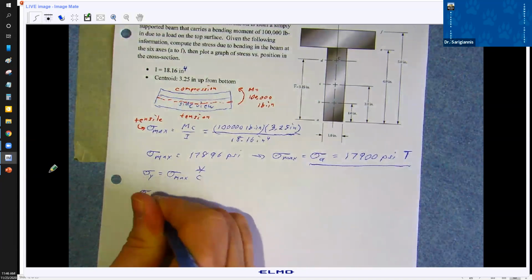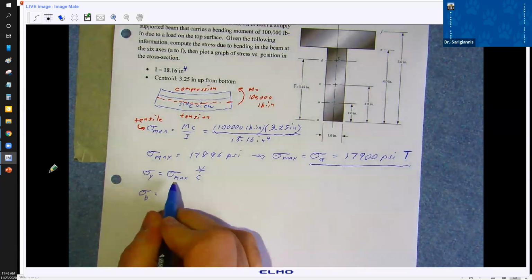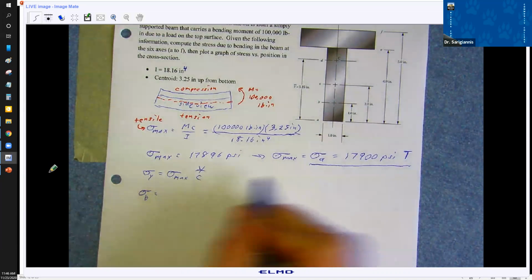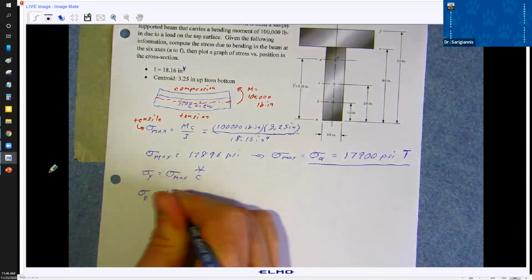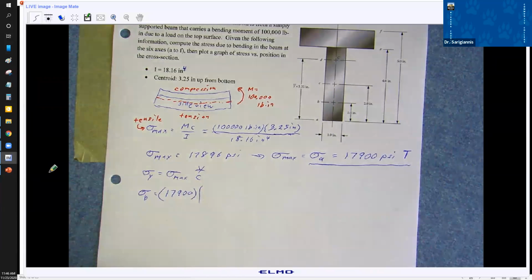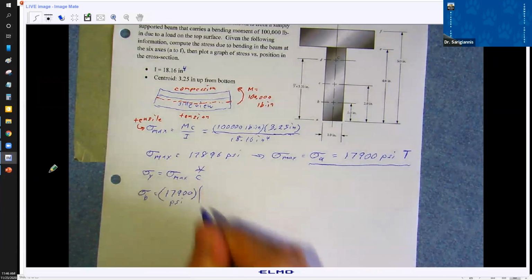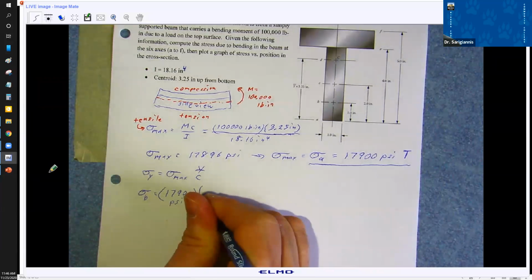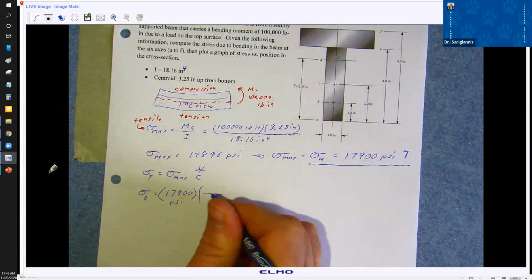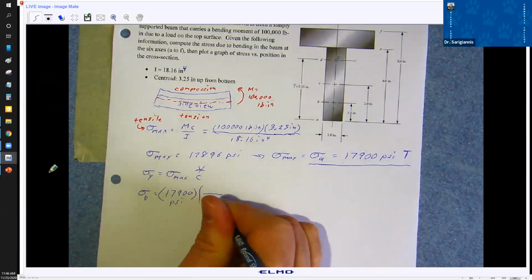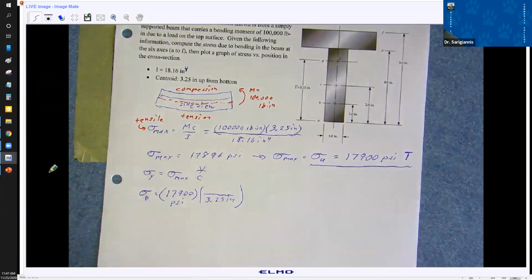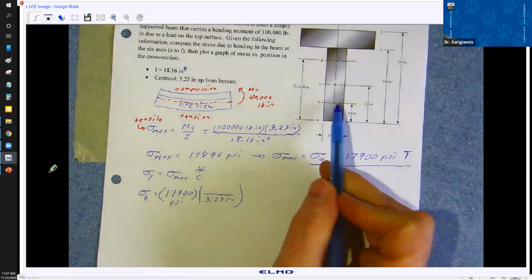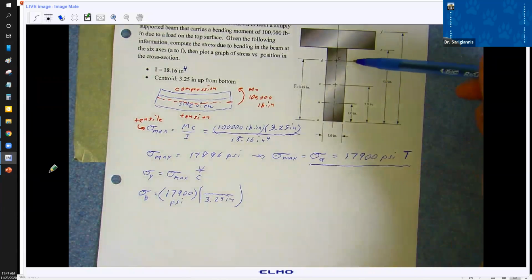Sigma B is, we've got sigma max, and this is psi. What do we got? Well, for c, we know what c is, we used it up above. It's 3.25 inches. Now, what's y? Well, B is this distance away from the centroid.